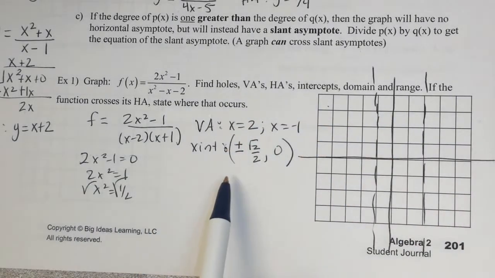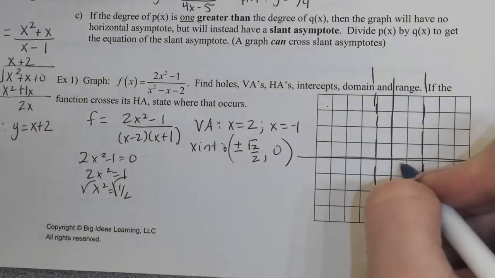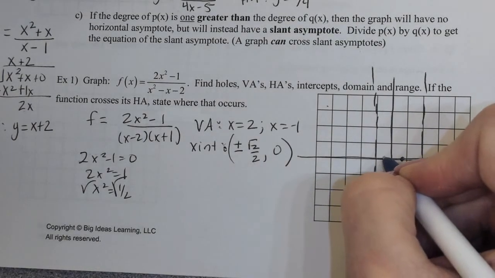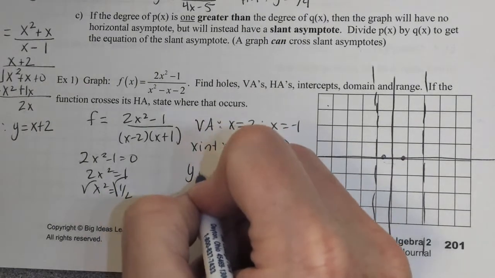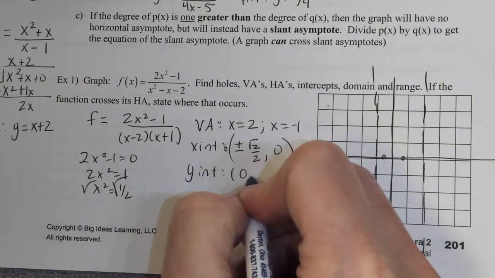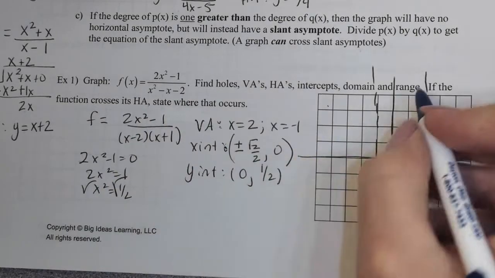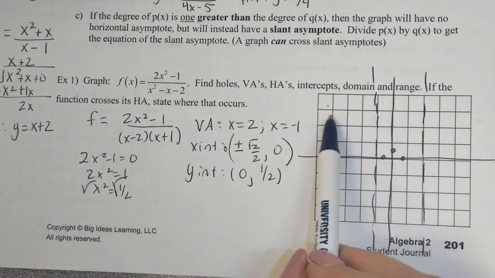Those are going to be my x-intercepts. Radical 2 is about 1.4 divided by 2 is about 0.7. So those are going to be my x-intercepts. Let's find the y-intercept. Plug in 0 for x. That's going to give me 1/2. All right, so just getting some idea there.